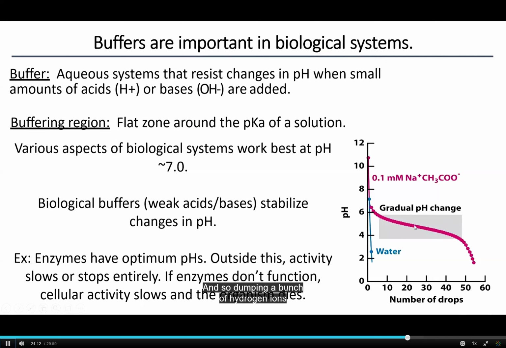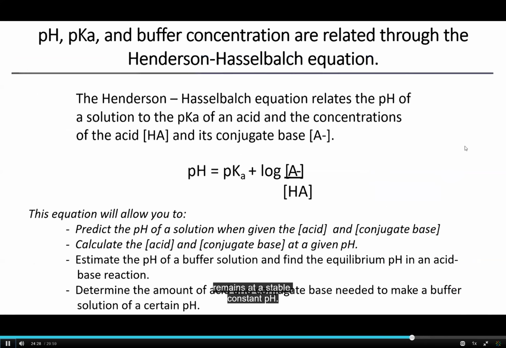And so dumping a bunch of hydrogen ions in the system should have a really dramatic change on pH, but because of the presence of a buffer grabbing hold of those hydrogen ions, we don't see a dramatic change in pH, and the bloodstream remains at a stable, constant pH. And so buffers are very important for many different biological systems. And I'm going to come back to the bloodstream as an example at the end of this module.